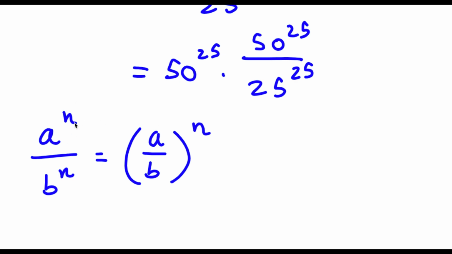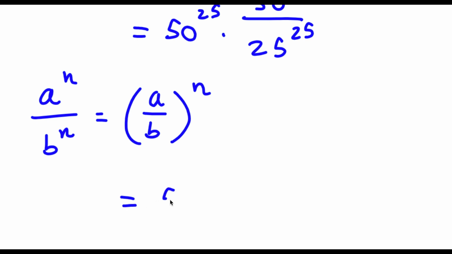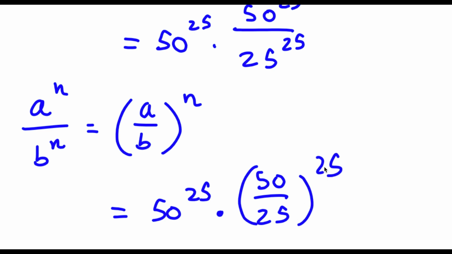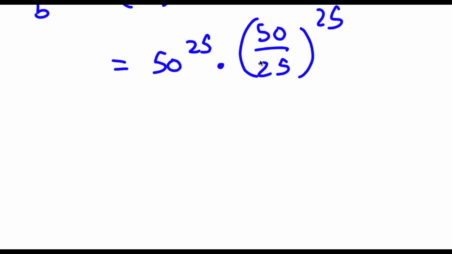So it's essentially factoring out the exponent. So in this case, I have 50 to the power of 25 over 25 to the power of 25. So now I can rewrite this as 50 to the power of 25 times 50 over 25 to the power of 25. Now, 50 over 25, this is the same thing as 2. So now this is equal to 50 to the power of 25 times 2 to the power of 25.